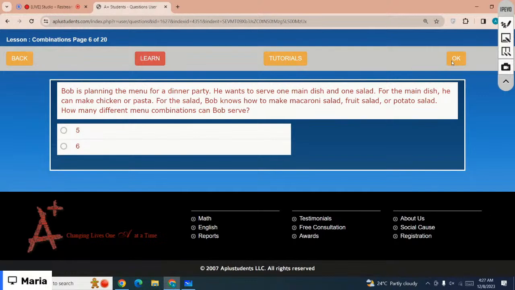The correct option is he can have a total of six combinations, right? The correct option is six.